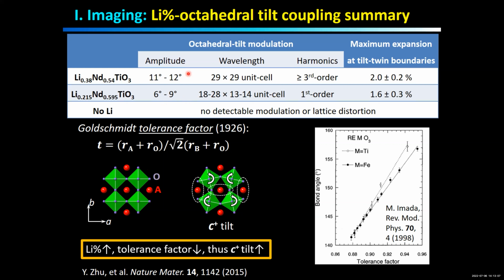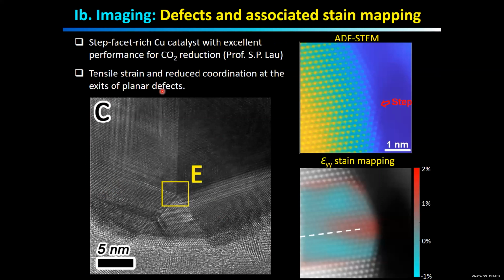So this is rather an old example to demonstrate how sub-angstrom resolution imaging can help us understand energy materials. As one of the most recent examples, we apply a similar technique on this copper catalyst with excellent performance for CO2 reduction. This work is led by Professor Lau in our department, who talked about this yesterday. Basically, in TEM, we observed lots of planar defects inside the copper catalyst.